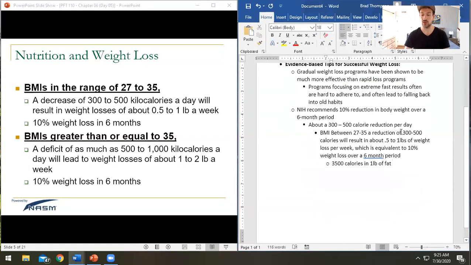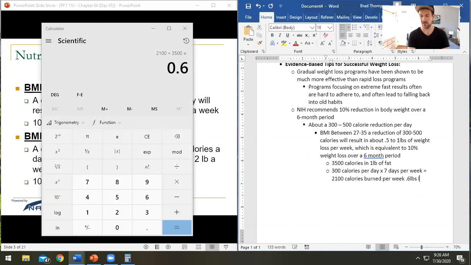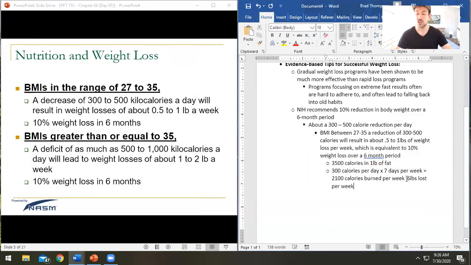So if you reduce 300 calories per day times 7 days per week, that is going to equal 2,100 calories burned per week, which is equivalent to 0.6 pounds lost per week. If you reduce by 300 calories, you're going to lose just over half a pound of fat per week.